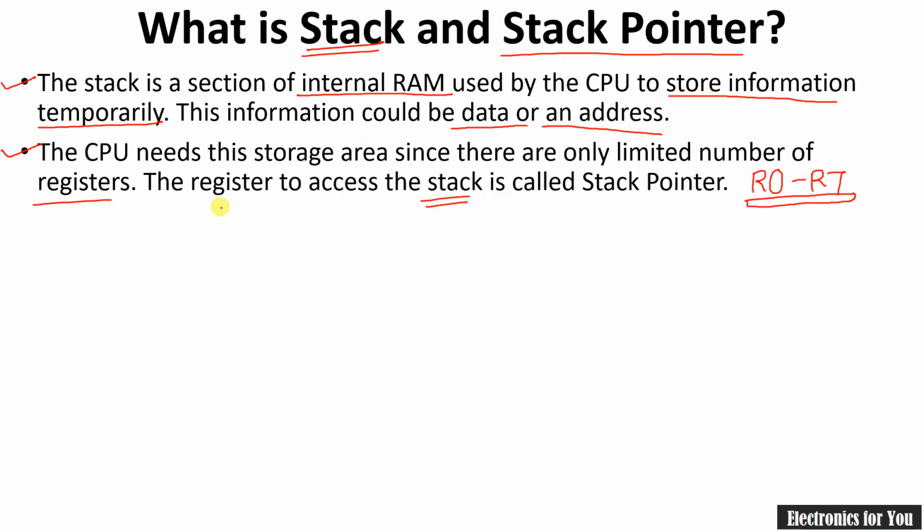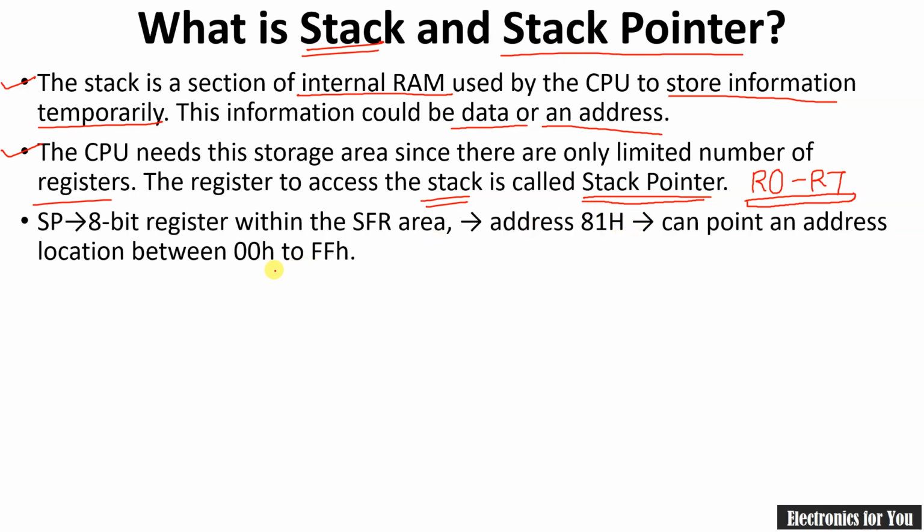In this case, the register used to access the stack is called the stack pointer. So a register which is used to access this data is known as stack pointer. This stack pointer register is an 8-bit register and its address is 81H.